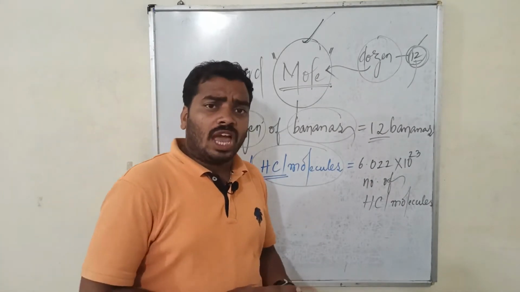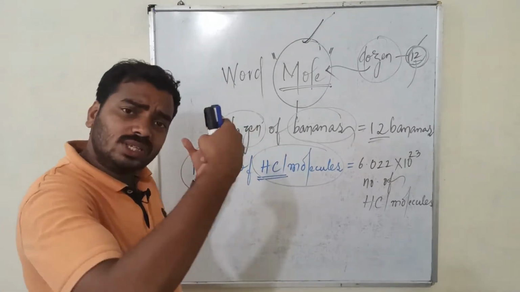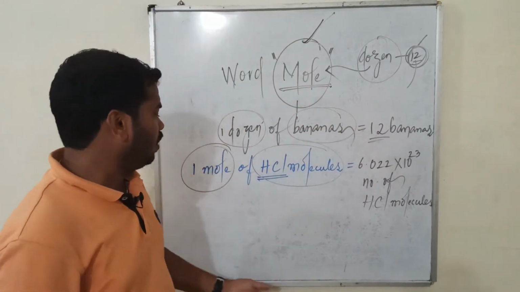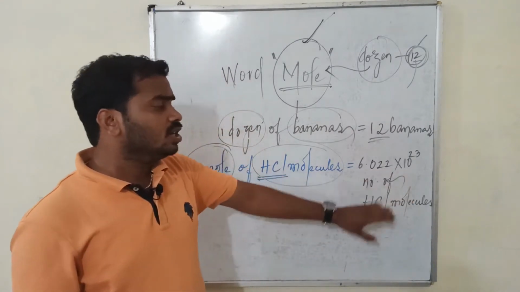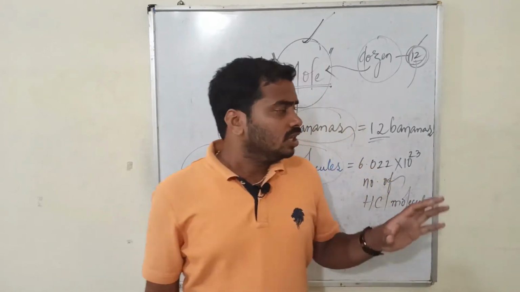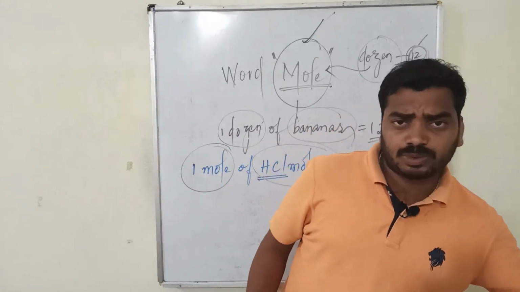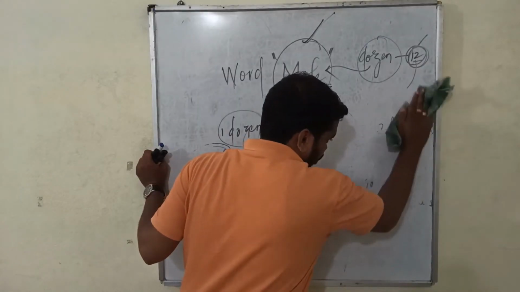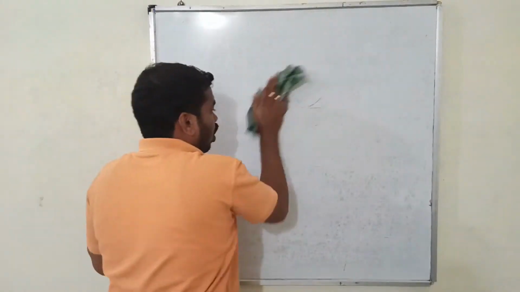Just as a dozen is used for bananas, mole is very similar. If dozen indicates 12, 1 mole indicates 6.022 into 10 power 23. This number has a name called the Avogadro number. It's very simple, I hope. Now we shall get into a deeper concept of this mole. Today we are going to do one problem for sure that will clear your concept.